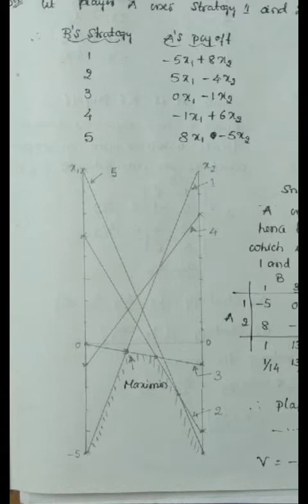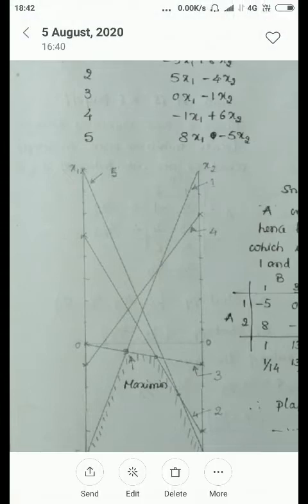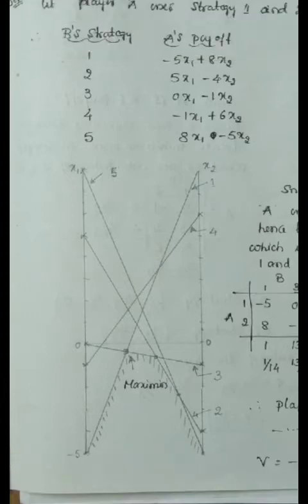Call it 2. Third strategy: 0 on the x1 line, minus 1 on the x2 line. Mark minus 1 and draw a line. That is the third strategy. Fourth one: minus 1 on the x1 line, and 6 on the x2 line. Measure 6 units and draw a line. That is the fourth strategy.